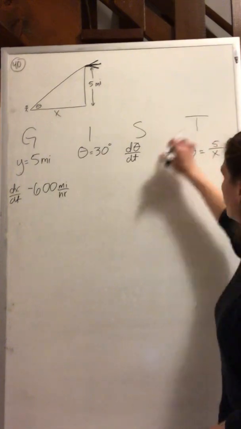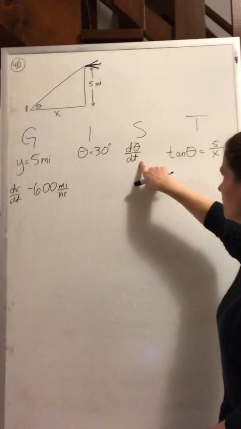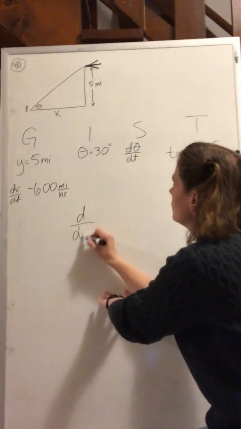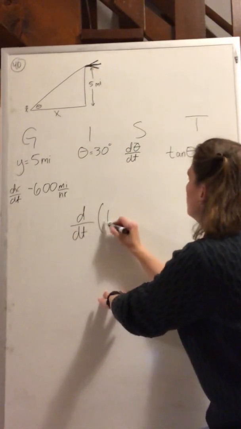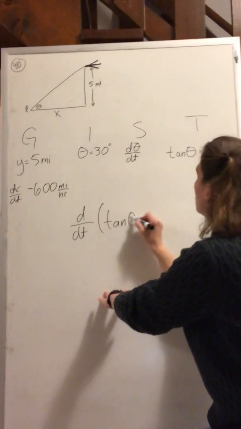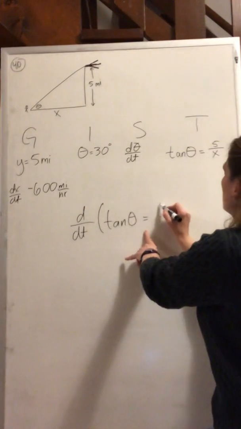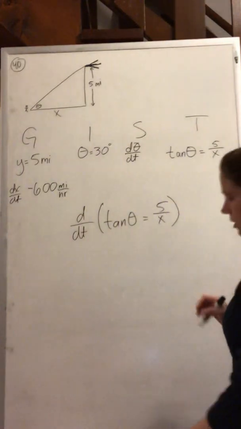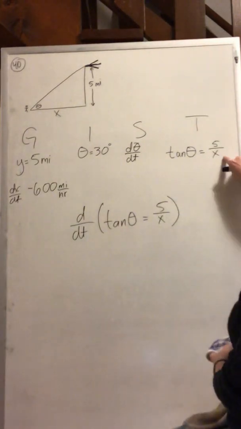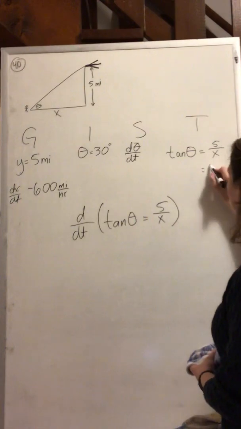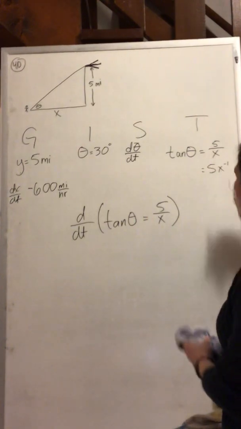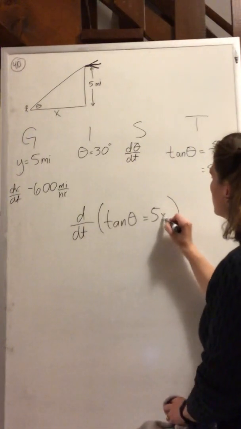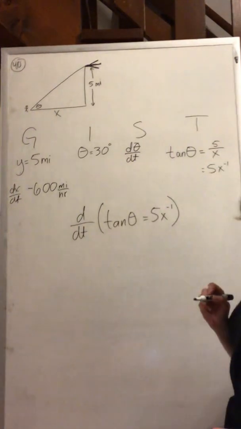Because now if I want to find d theta over dt, I'm just going to take the derivative with respect to time of tangent of theta and the derivative with respect to time of 5 over x, which I suppose we should probably rewrite, right? 5 over x is the same thing as 5x to the negative 1. Right?